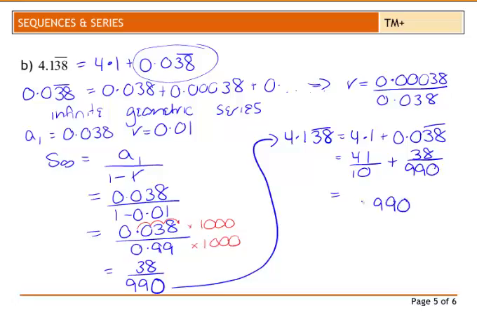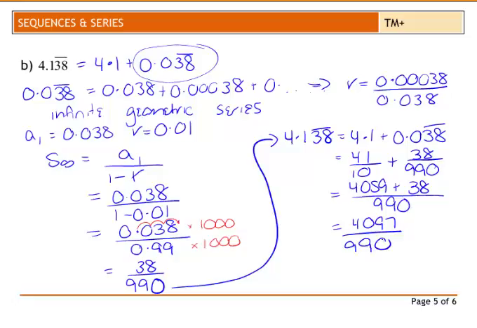So the common denominator is 990. To work out what 10 needs to be multiplied by to get 990, it's 99, and 99 times 41 gives you 4059. So plus 38, 4059 plus 38 is 4097, all over 990.